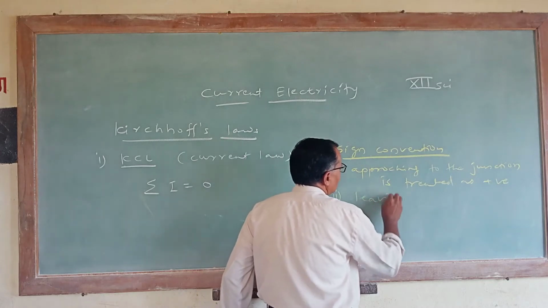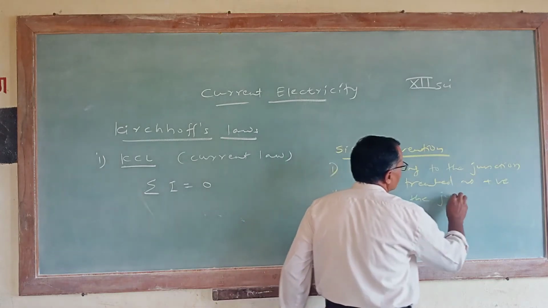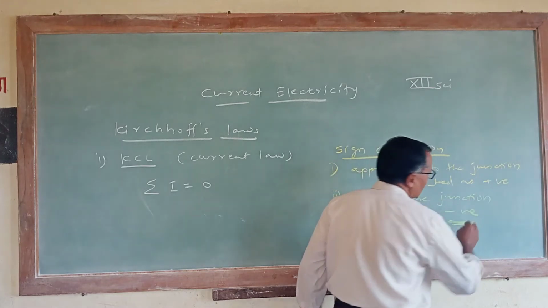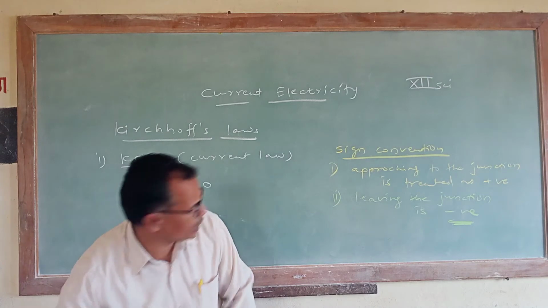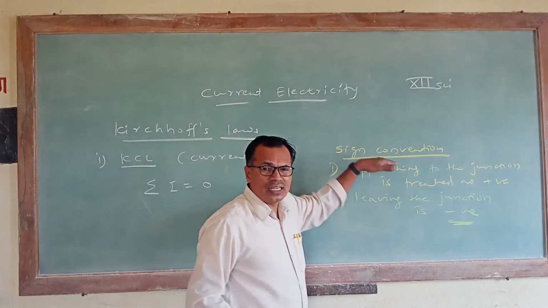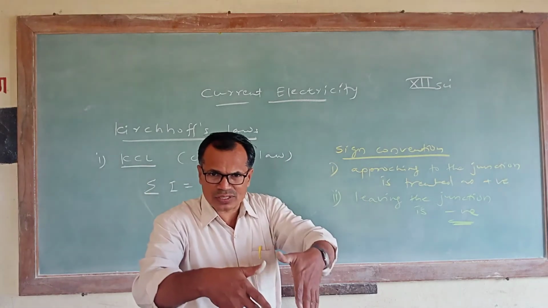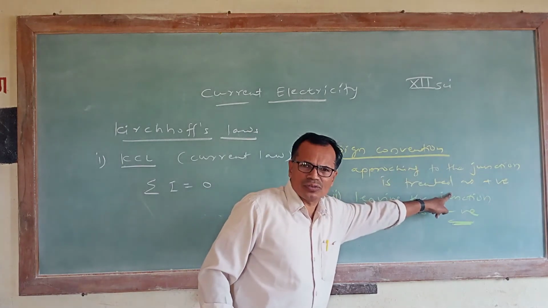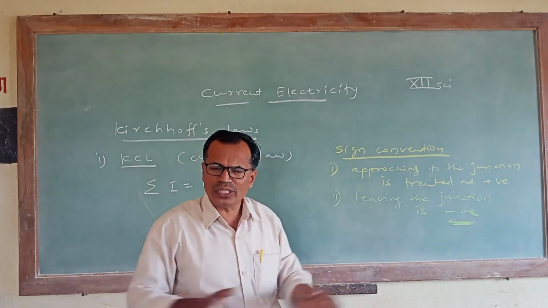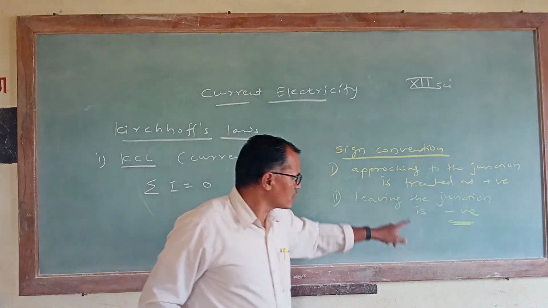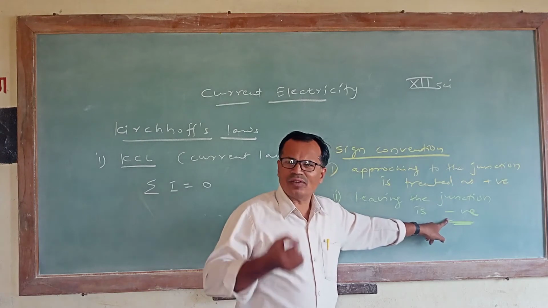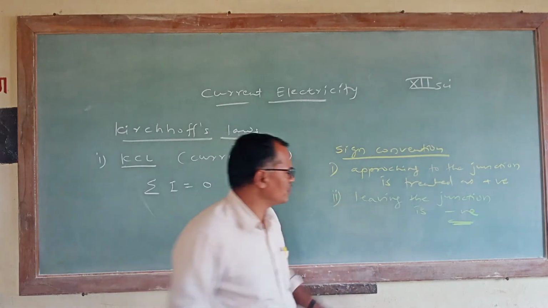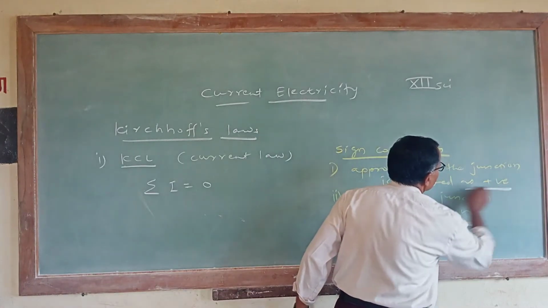And the current leaving the junction is treated as negative. Correct? You got it? The current which arrives at the junction is treated as positive, and the current which leaves the junction, the outgoing current, is considered negative. Or simply, in one sentence, incoming current is positive, outgoing current is negative. This is the sign convention.